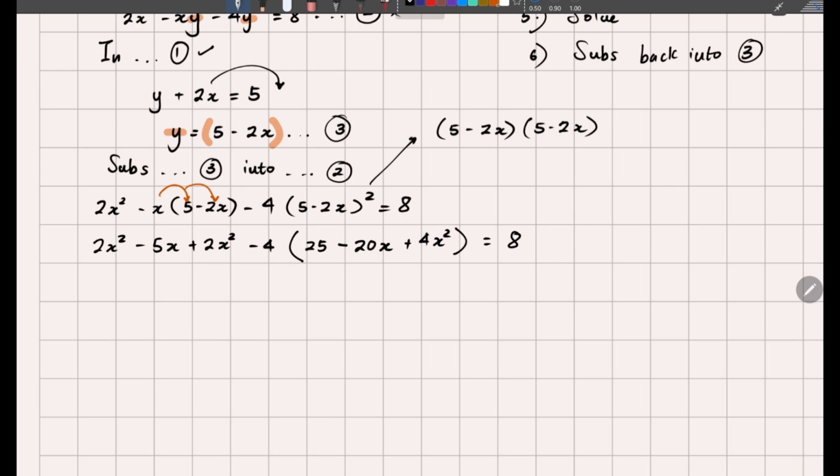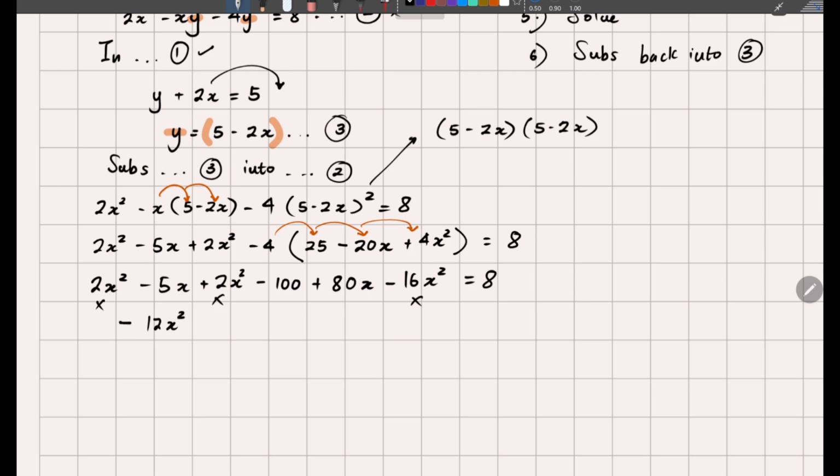Now we would have to open here so we don't get confused. 2 plus 2 is 4. 4 minus 16 is actually minus 12x squared.